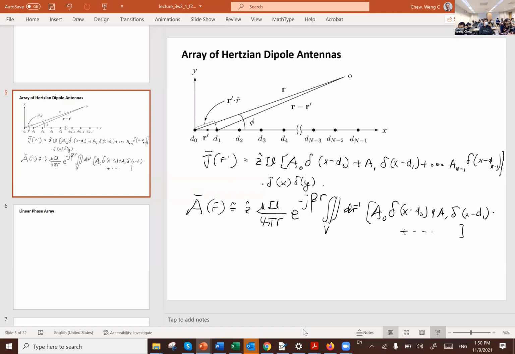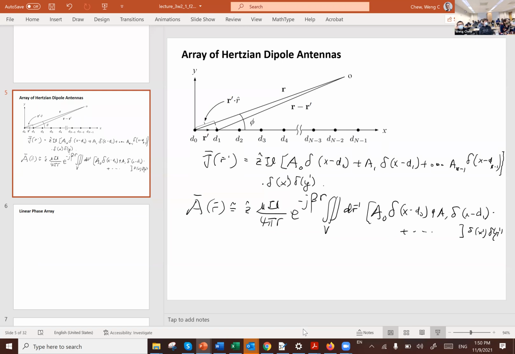And then you have to again multiply by delta x prime and delta y prime. This should be prime coordinates, since they represent the source location.